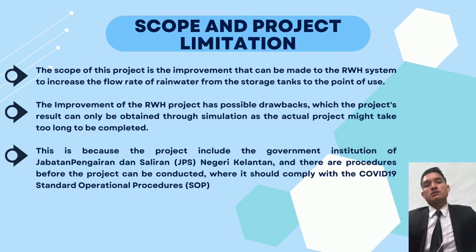This is because the project includes the government institution of Jabatan Pengairan dan Saliran JPS Negeri Kelantan, and there are procedures before the project can be conducted where it should comply with the COVID-19 standard operational procedures.